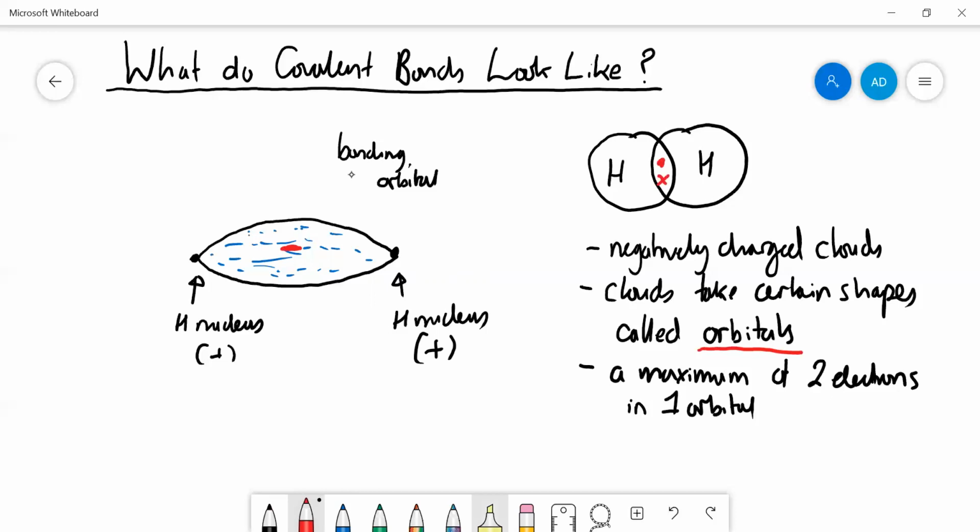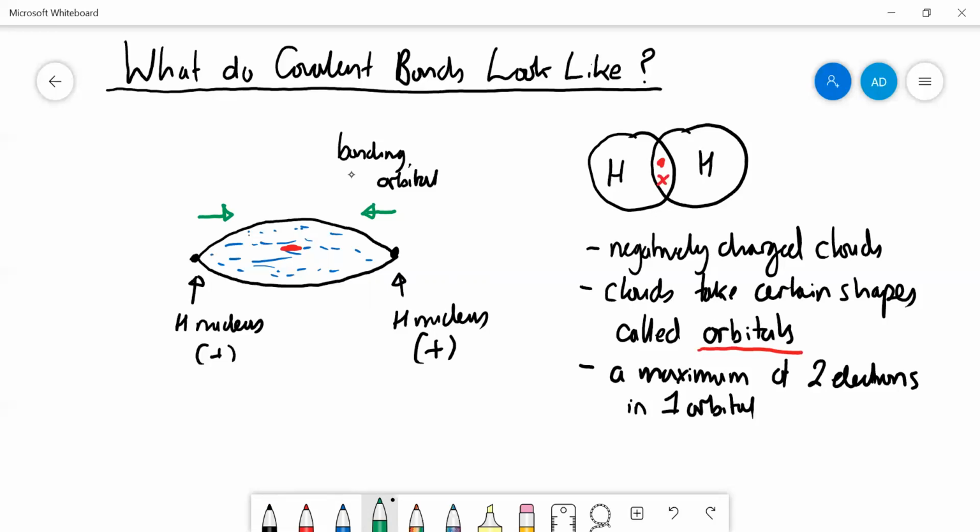There's going to be a force of attraction for this nucleus to the negatively charged electrons, and for this nucleus here also to the negatively charged electrons, and that's going to hold the whole molecule together. That's what a covalent bond is. It's the attraction for all this negatively charged cloud between the 2 nuclei. Okay, so that's the simplest covalent bond.